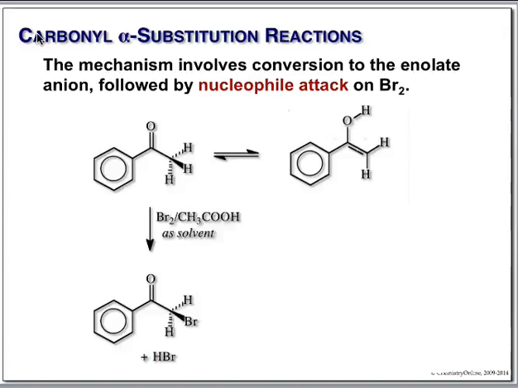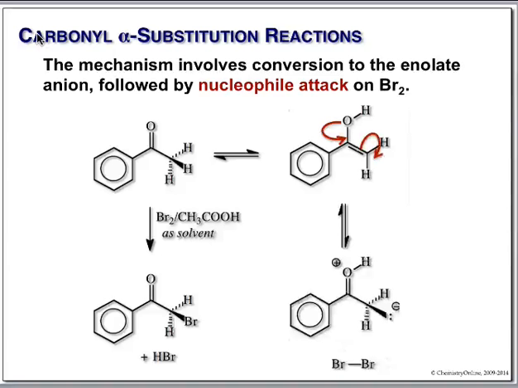Once we have the enol, we all realize that this is going to generate electron density at this carbon, isn't it? We'll get a carbanion, something like this. Again, this is at equilibrium. But once we have carbanion character at our alpha carbon, this is what we use as our nucleophile.